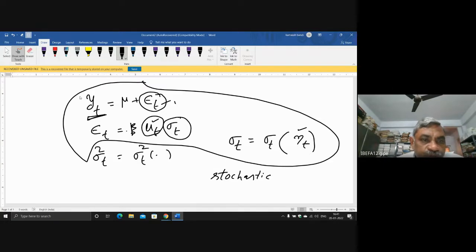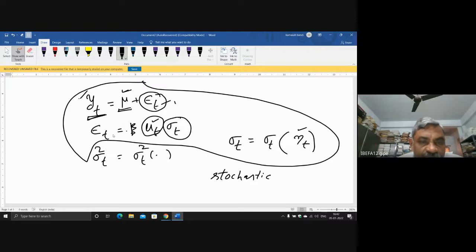So the return process has a mean level, and what is that mean level, conditional upon the previous information? That is mu. This is constant. In addition to that, the return process is also subject to a shock, that is epsilon t. And this is innovation in Yt, in technical words.